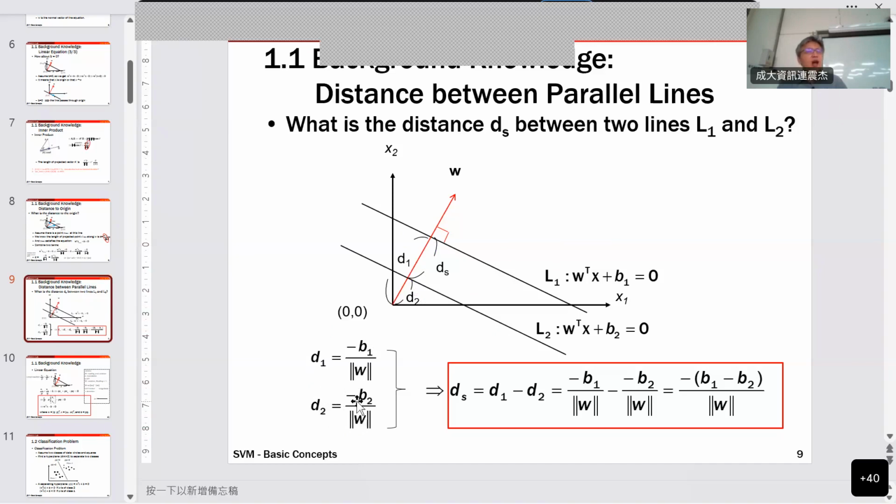Our purpose is to find DS, the distance between two lines. So it will be D1 minus D2, equal to this one. So finally, we get this result. This is important. Okay, we continue.